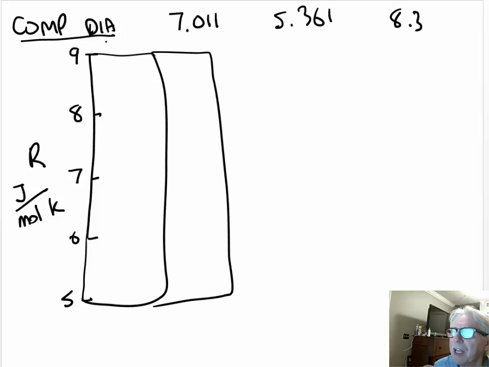I have 2 columns. I have EXP, experimental, and ACC, accepted. And the accepted is 8.3. So you actually can use the scale. You can get it very decently, 8.3. And then the experimental is 7.01. Oh, we're actually a fair bit out, aren't we? And 5.3.